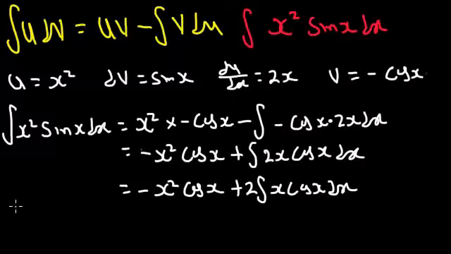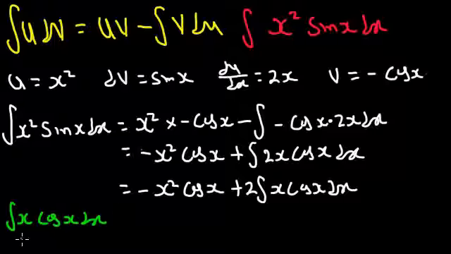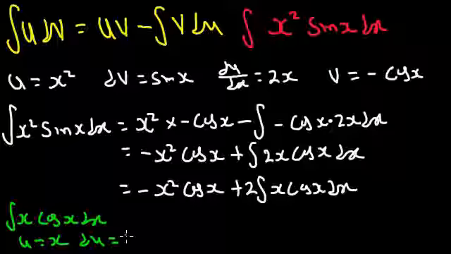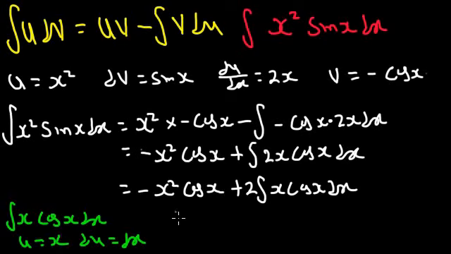So now we want to pay attention to the integral of x cosine of x dx. Our u, let it be x. It means du will be equal to dx, because by the time you differentiate x, you get 1, and that's it.